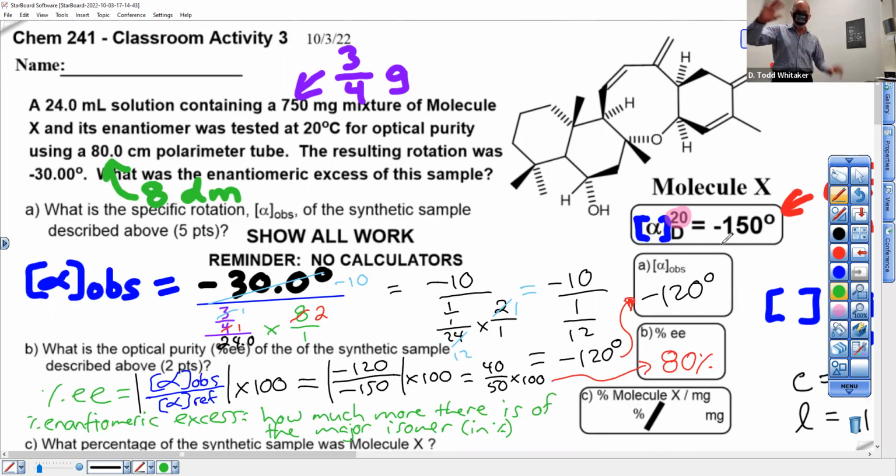You lost maybe 3 or 4 points on the first part, but you can still invent a number less than negative 150, like negative 75 or negative 50, because negative 200 is impossible in this question. The highest rotation this molecule can ever give is 150, when it's 100% pure. You see what I'm saying?